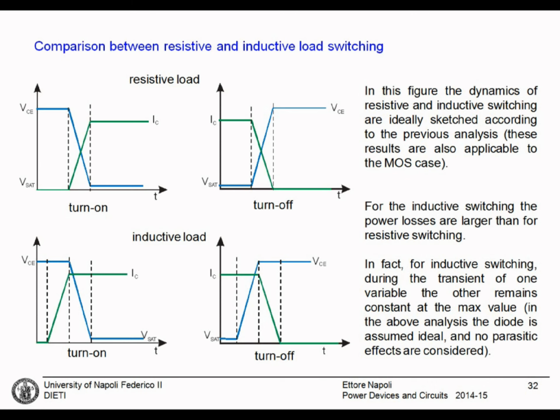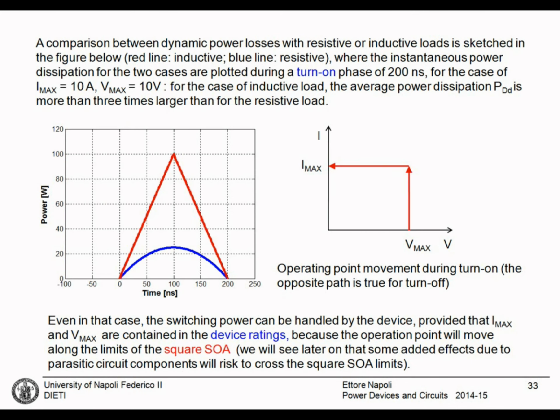Actually, the situation is even worse because there can be ringings or overshoot on the current, for example, or on the voltages. And this can also worsen the situation. For this kind of switching, we can also plot the instantaneous power dissipation.